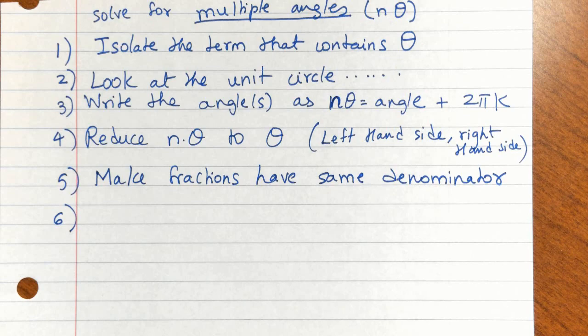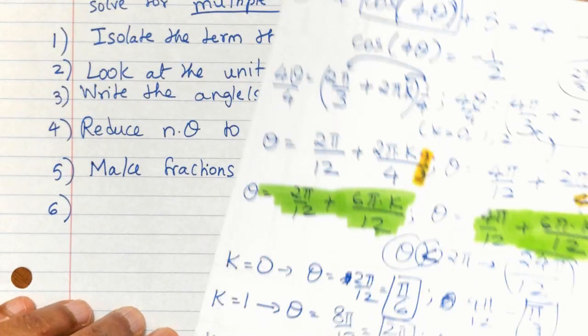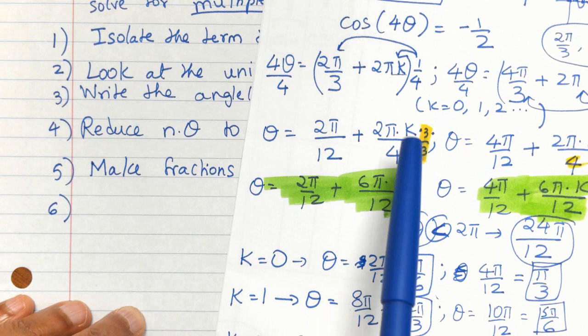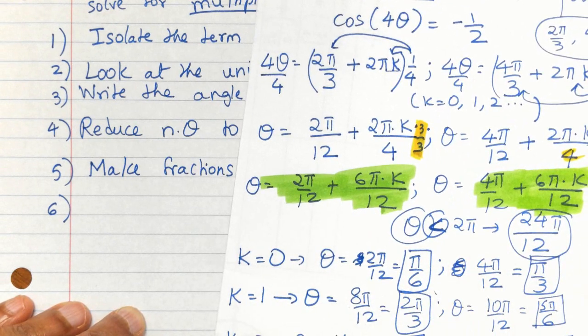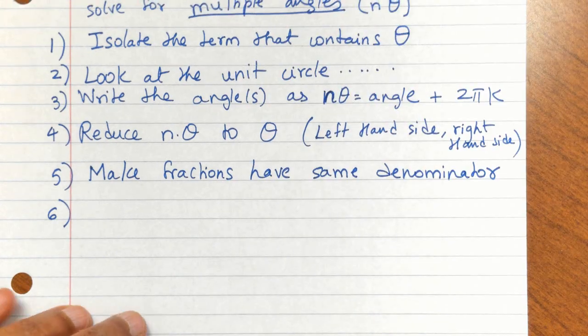Once they have the same denominator, which was this step, remember I multiplied top and bottom by 3, and I got the same denominator. Now I can start substituting for k.